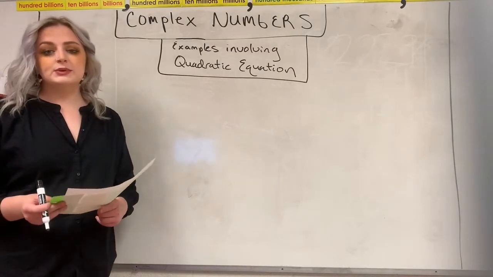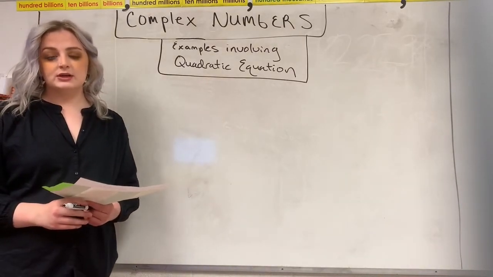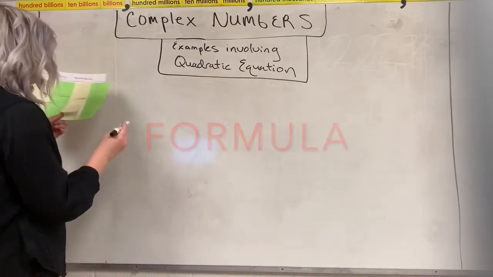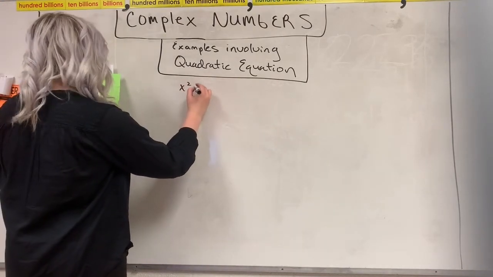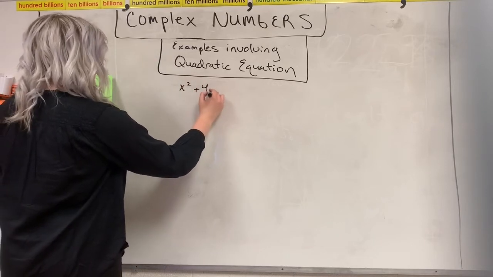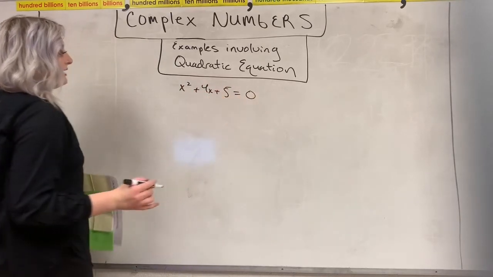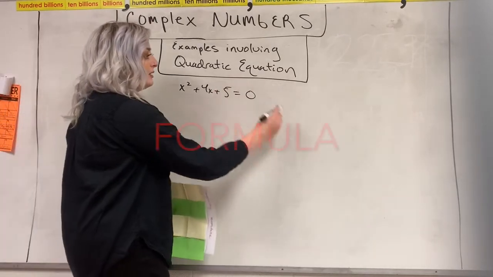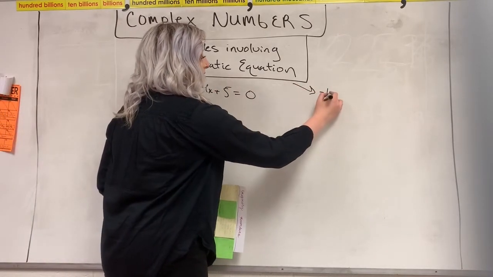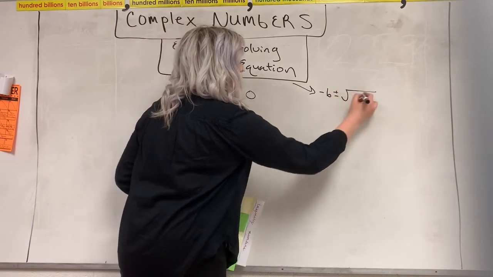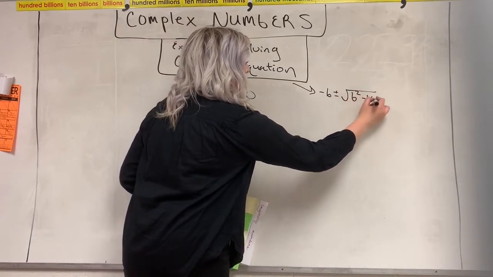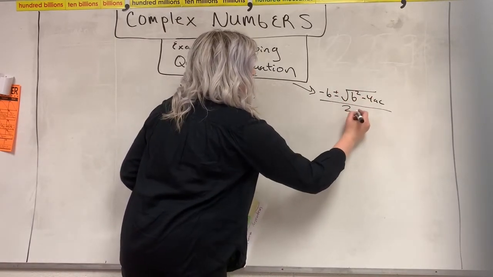So lastly, I just want to touch on some examples involving the quadratic equation. And so for my first example, I'm going to have x squared plus 4x plus 5 equals 0. Okay, and if you remember from earlier, the quadratic equation, I'll write it over here, negative b plus or minus the square root of b squared minus 4ac all over 2a.